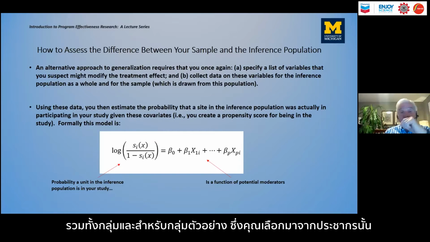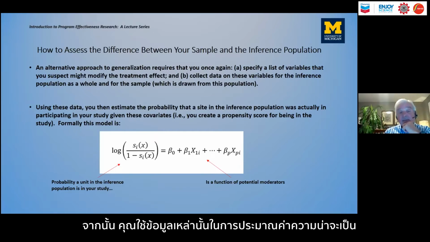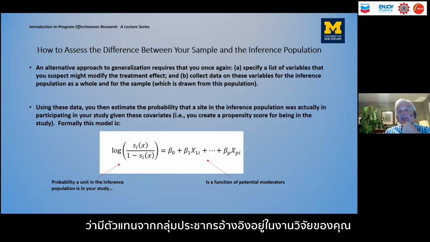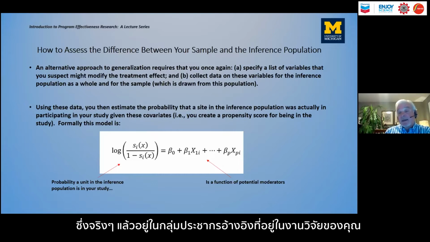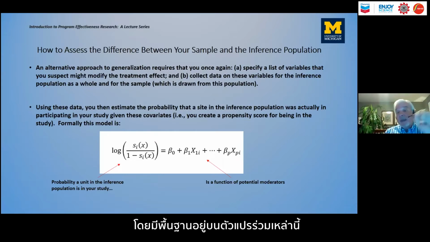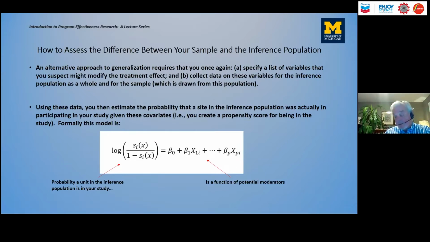drew from that population. Then using those data, you estimate the probability that a site in the inference population was actually in your study. And so in essence, what you're creating is a propensity score for being in your study based on these covariates.